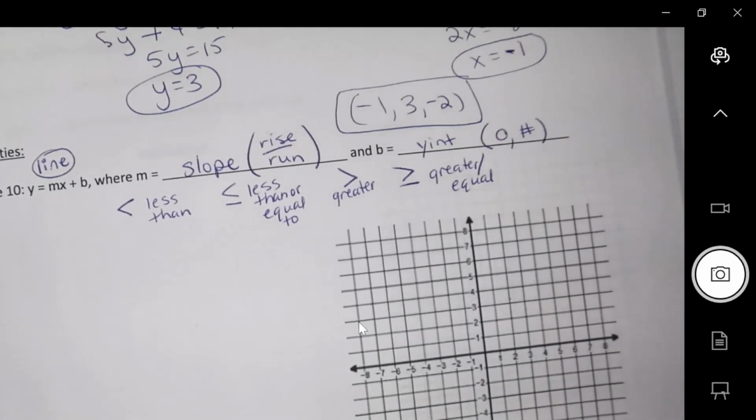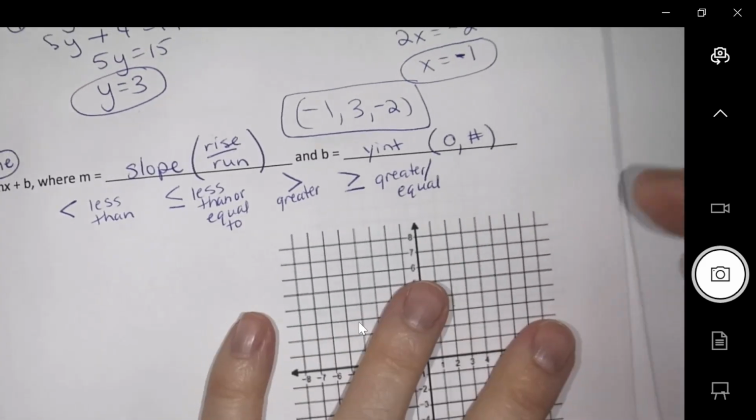Okay. So when I draw a line, last year you obviously just drew lines. With inequality, we're going to draw either a dashed line or a solid line.